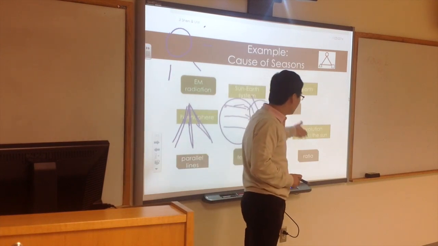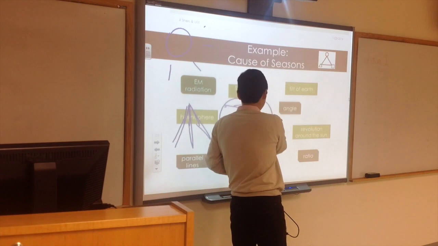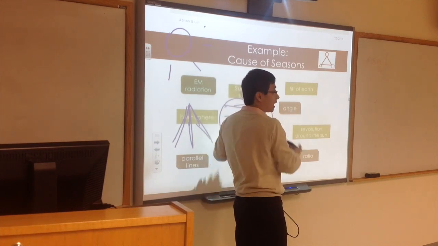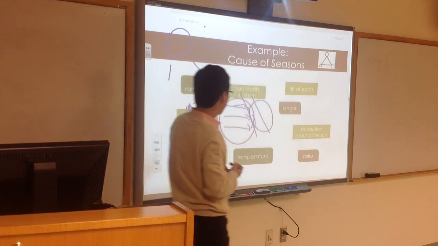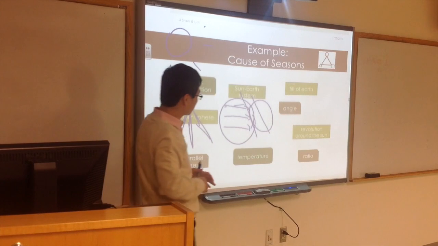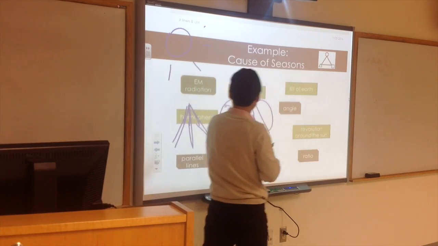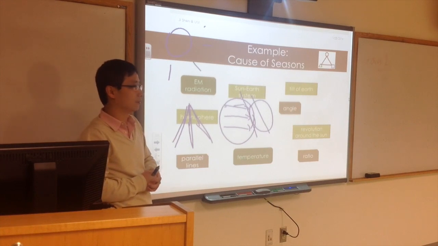And angle, ratio, you talk about angle, right? Parallel lines give us an explanation because all the lines hit this surface with the same angle, right? Ratio. Why would ratio come into the equation when we try to explain cause of seasons?